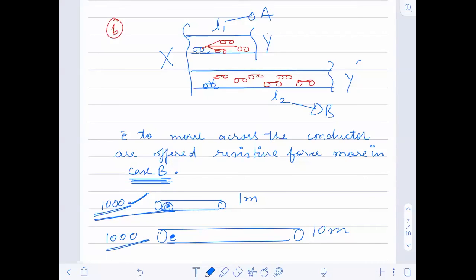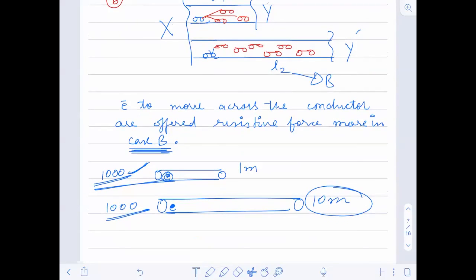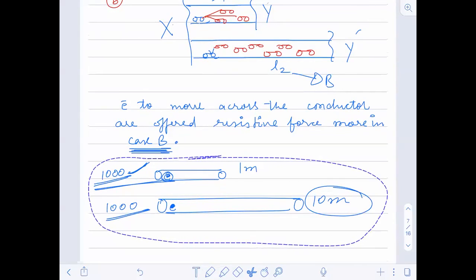So in which case do you have more resistance, case A or case B? Obviously here, because here there are more electrons with which you may collide, you will get a resistive force. So that is why I have written here that electrons to move across the conductor are offered resistive force more in B, not in A.